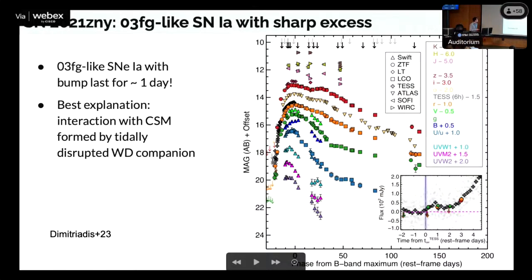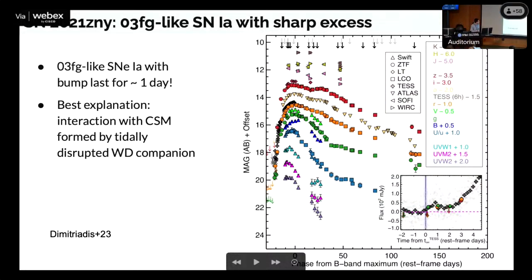I want to further show another peculiar Type Ia, 21zny, showing a sharp early excess. The 2003fg-like Type Ia are also sometimes called super-Chandrasekhar Type Ia because they are mostly overluminous, and to explain their luminosity you need a super-Chandrasekhar mass progenitor if the produced radioactive isotopes are to explain the luminosities.